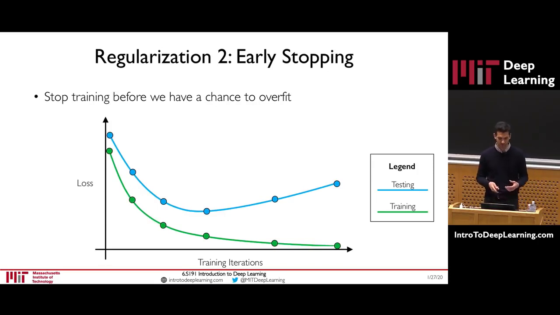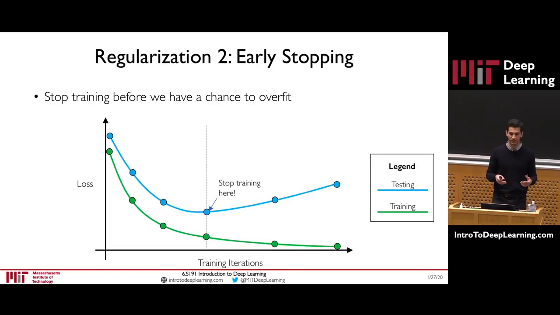So what we can do is perform early stopping, where we identify this inflection point, where the test loss starts to increase and diverge from the training loss, so we can stop the network early and make sure that our test error is as minimal as possible.